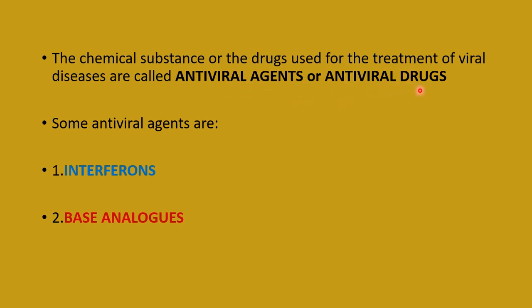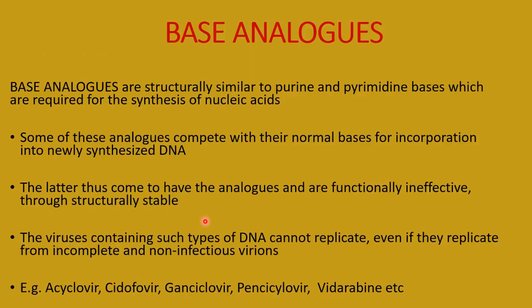We have several types of antiviral agents, but basically we will discuss interferons and the base analogues. The interferons were already discussed in another part. In this part, we will discuss the base analogues.